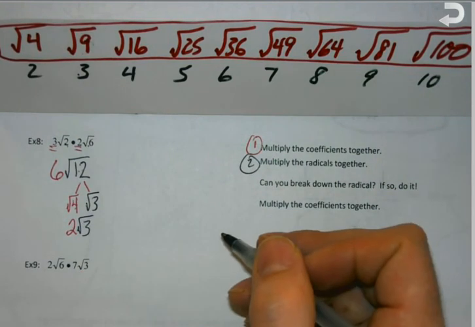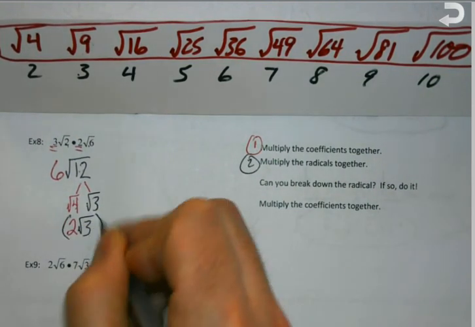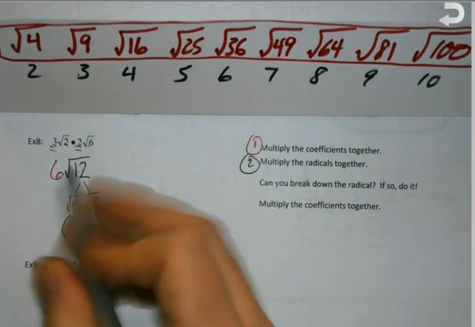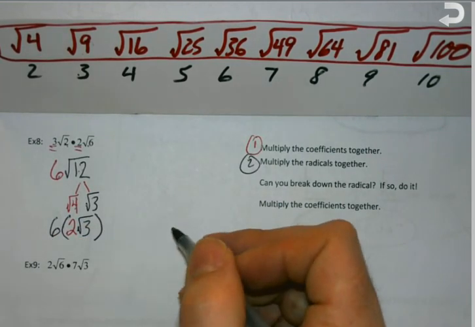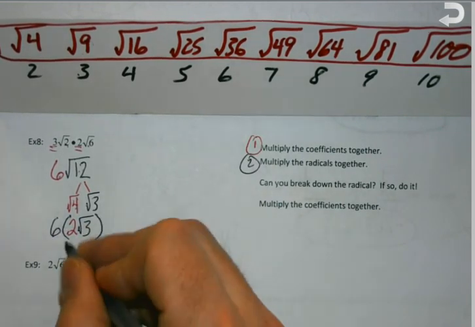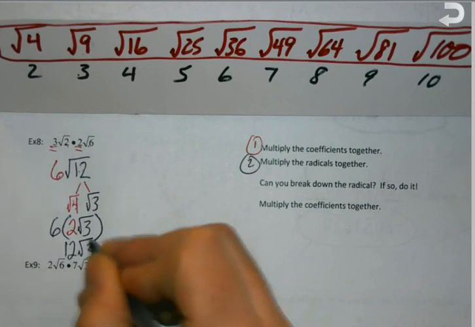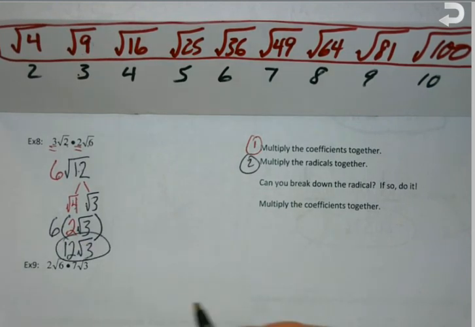It's got to be left alone. And once you do that, now that 6 can come down, because it ain't in radical jail either. So it can get together with 2 here and finish. No like terms on these. Just multiplying them together and breaking them down.